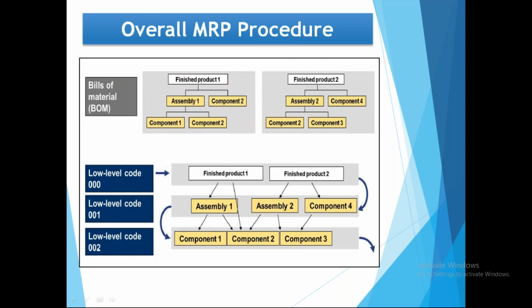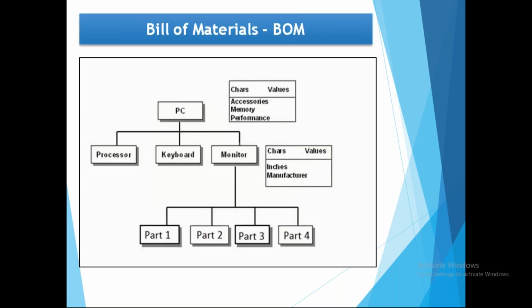Now when they run MRP for this particular product, based on this requirement, the system will calculate the requirements for the down level materials, component materials, and that information will be sent to the purchasing department.